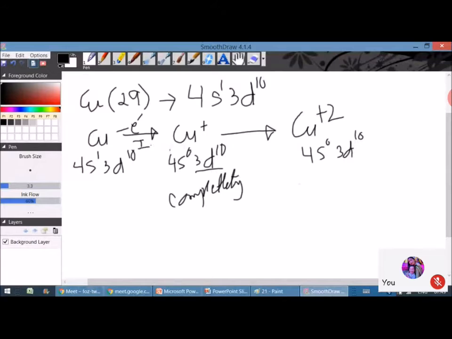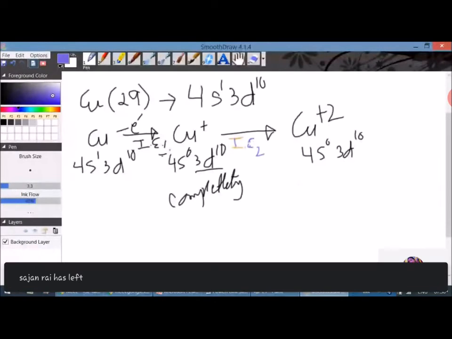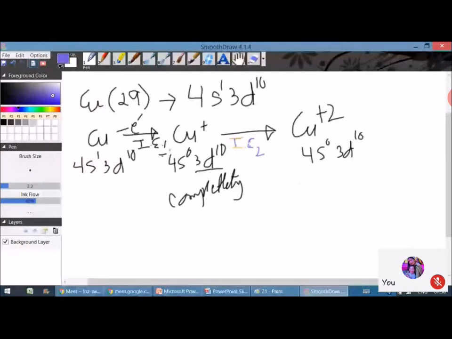This is the first ionization enthalpy, and this is the second ionization enthalpy, which is very high, because removing the second electron is very difficult, as it has to be removed from the stable retained configuration.